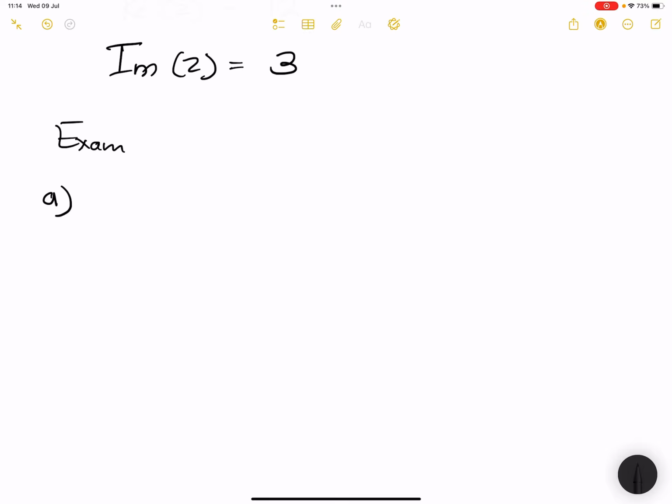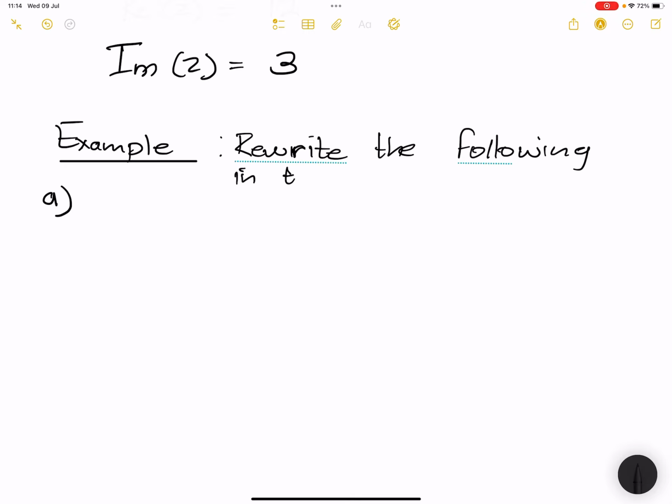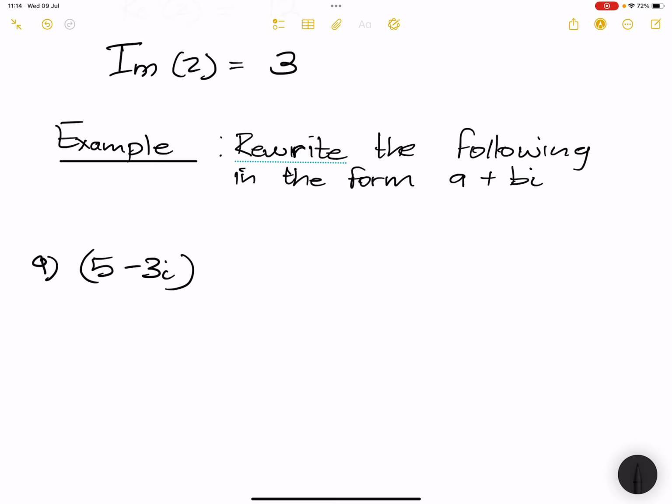I want us to rewrite the following in the form a plus bi. So let's take 5 minus 3i all squared.